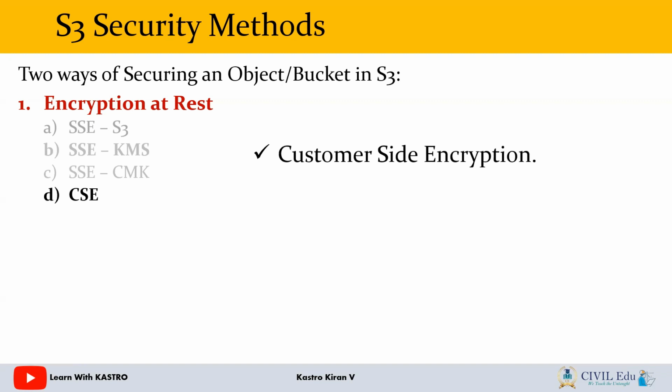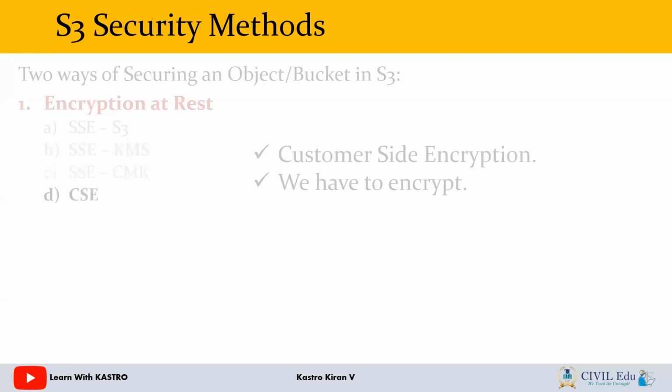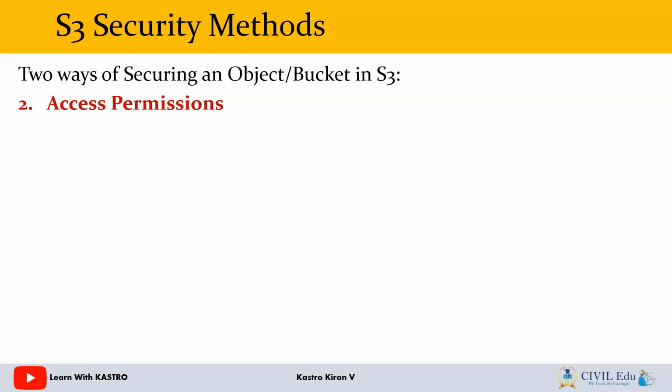If you upload decrypted data, AWS will store only the decrypted data. So here, when you are choosing CSE in the S3 security, everything has to be taken care by the client itself. AWS will not take care of encryption part, and AWS will also not take care of decryption part as well.